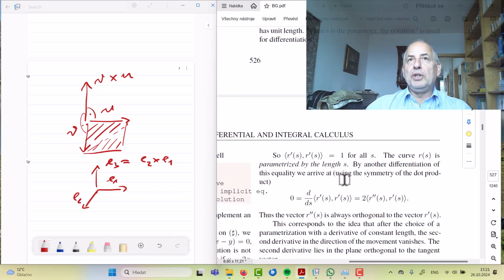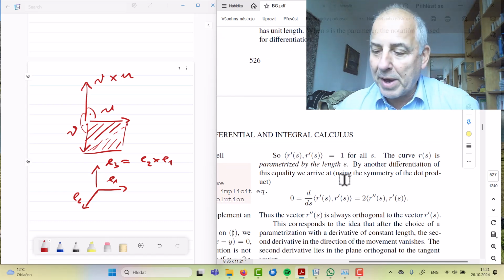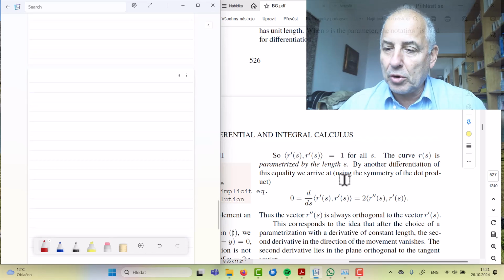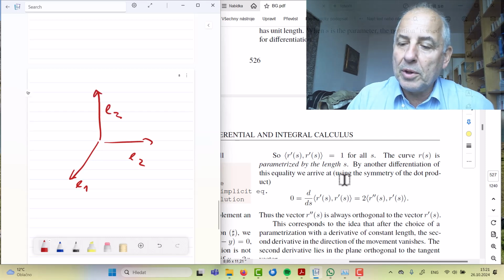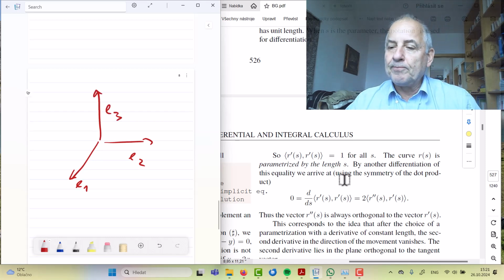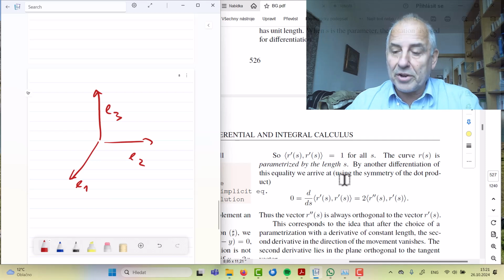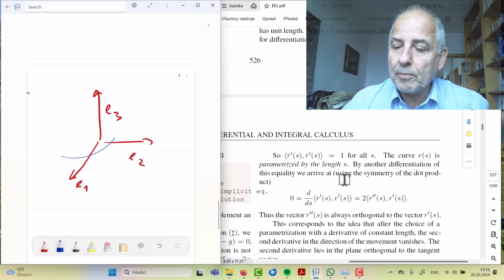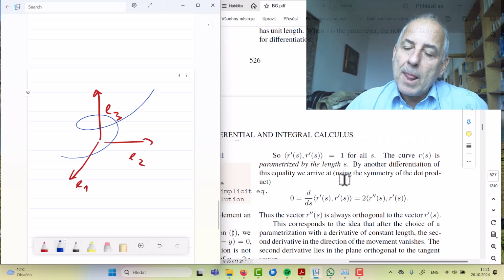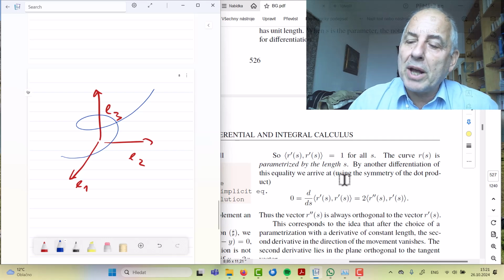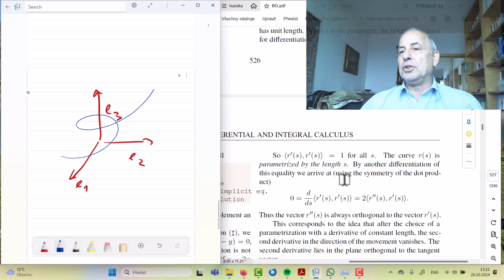So for each curve in a Euclidean space, let's see, we have a Euclidean space e1, e2, e3, and let's say that we shall have a curve there, something like this, and we shall parameterize the curve by length, because we know what the length is, yeah?